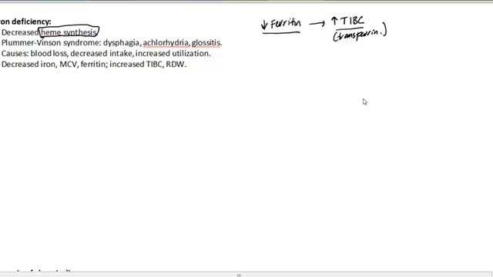Your most common cause of iron deficiency anemia is going to be bleeding. It's usually going to be some type of GI bleeding, okay? And if you're having it in a newborn, what do we say? It's most probably a Meckel's. Pregnancy. We have to know that lactation depletes iron.